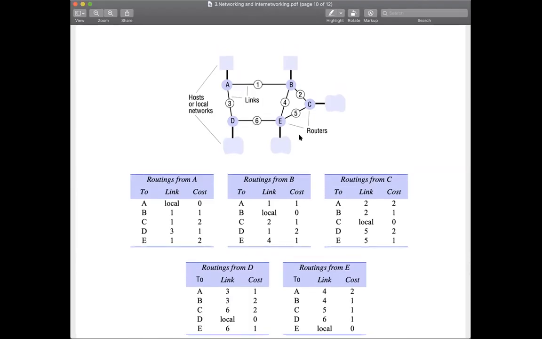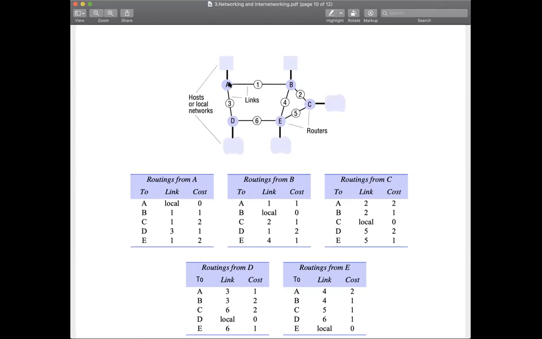So assume that we have 5 hosted networks or local networks, right? Likewise, 1, 2, 3, 4, 5, right? So these hosted networks are connected through again 5 routers like A, B, C, D, E, and in between the routers we have the links.